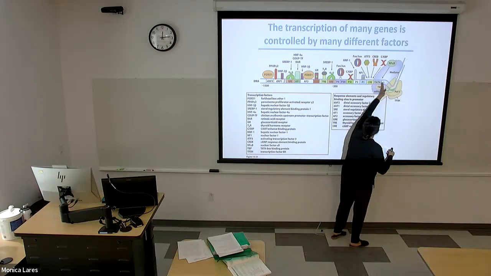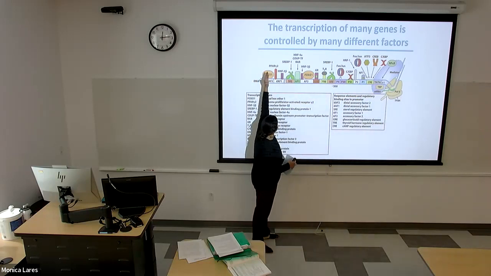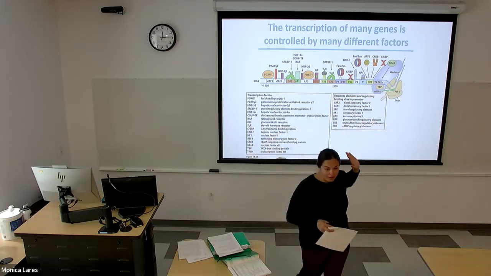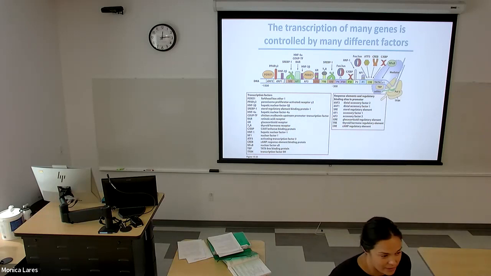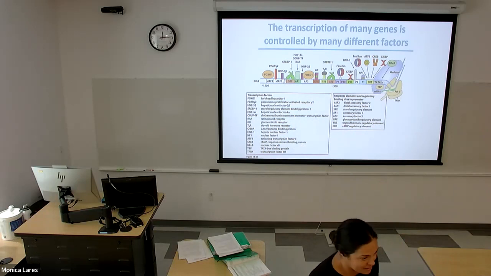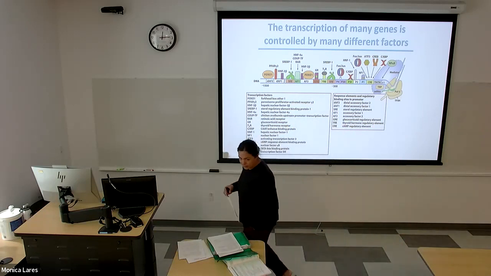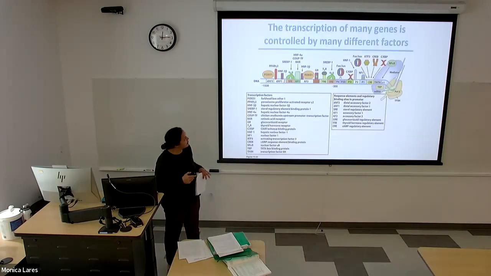Here's where we're starting to make our mRNA, but it has all these different binding sites for different transcription factors, different proteins and different regulatory molecules that can bind on the DNA and affect the transcription of the DNA to RNA, activating it or inhibiting it. It's a huge orchestra of regulation going on there. Okay. Questions about that? Yeah.